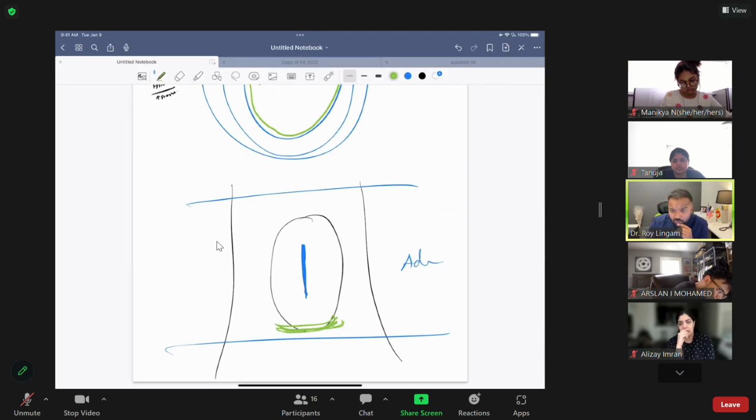Is everybody clear, folks? So when we are cutting, we are cutting the lower part of the uterus. That's fine. We cut it, we take the baby out. Everything is fine. When she becomes pregnant a second time, the placenta is supposed to be attached here.